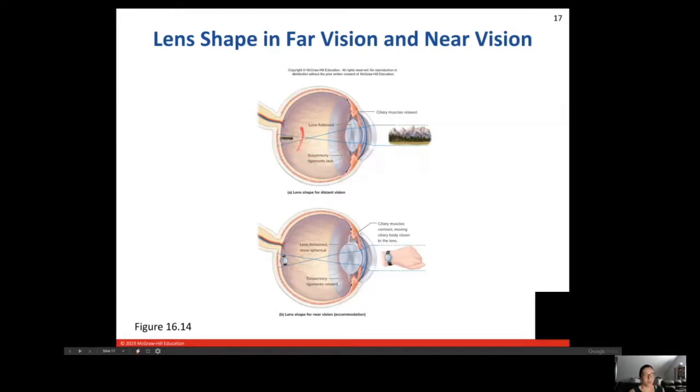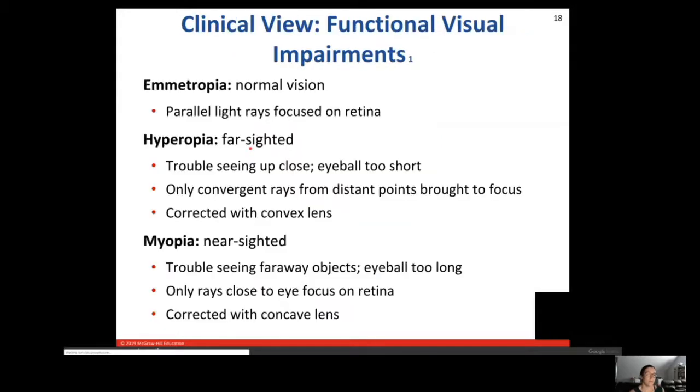If they're focusing in the middle of the vitreous humor, they're not going to be in focus at the back of the eye. And we call that myopia or nearsightedness. So hyperopia can be corrected with a convex lens in glasses or contact lenses, whereas myopia is corrected with concave lenses like these. I'm very nearsighted.